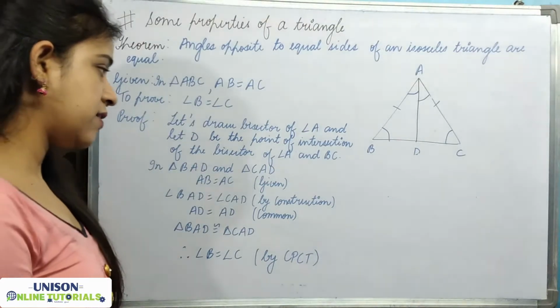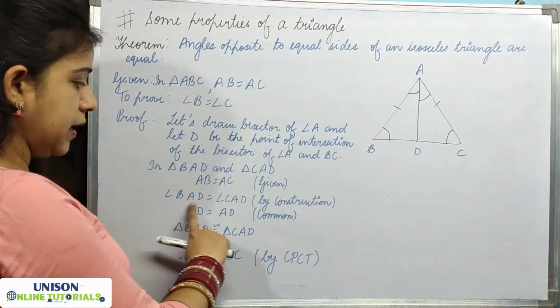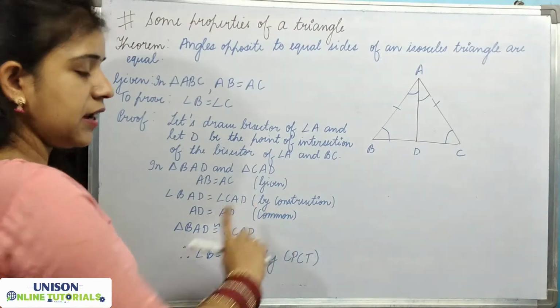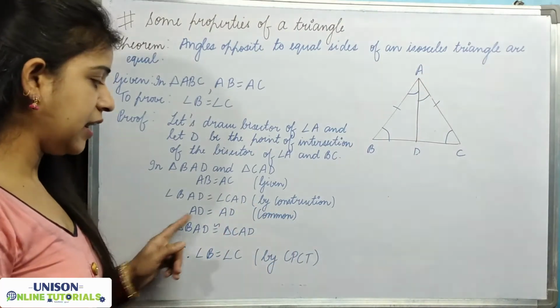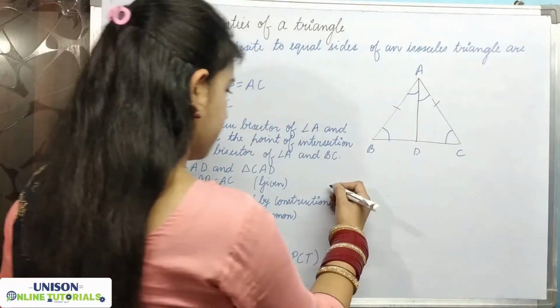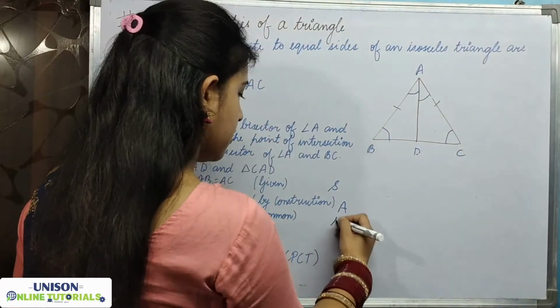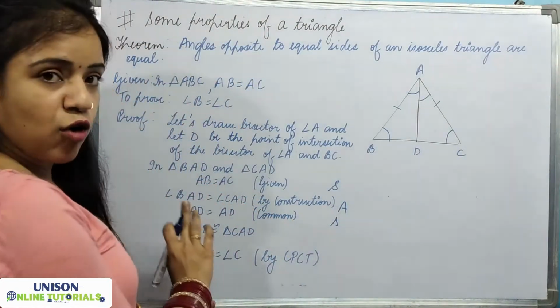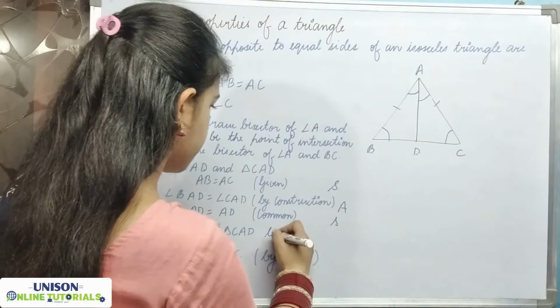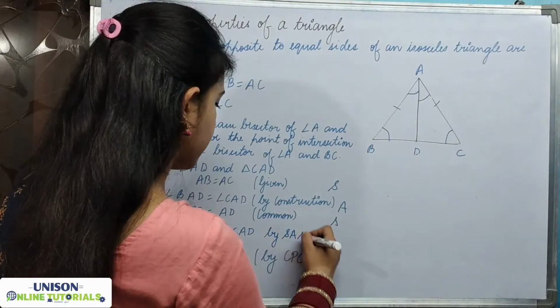So AB equals AC, this is given, angle BAD equals angle CAD by construction, and AD equals AD, common. So side, angle, side. So triangle BAD is congruent to triangle CAD by side, angle, side.